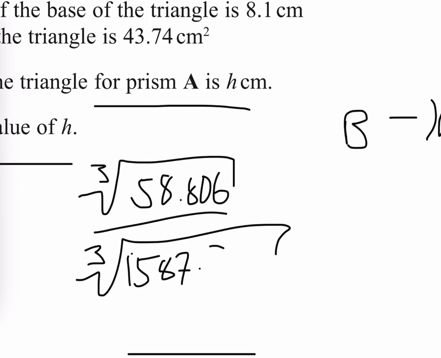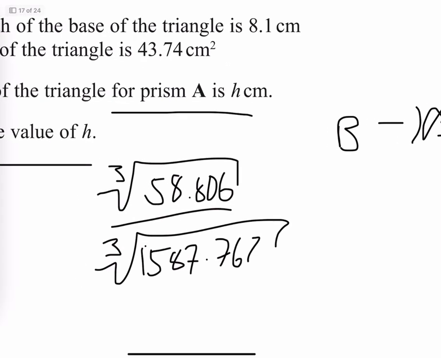1587.762. So I'm going to type that into my calculator, and then I've got my lovely conversion of lengths whenever I need it, which I think will be happening reasonably soon. 58.806, and that's going to be to the third.